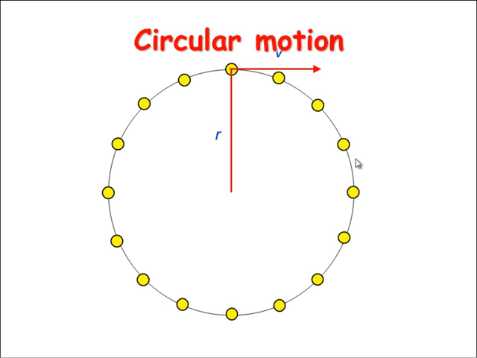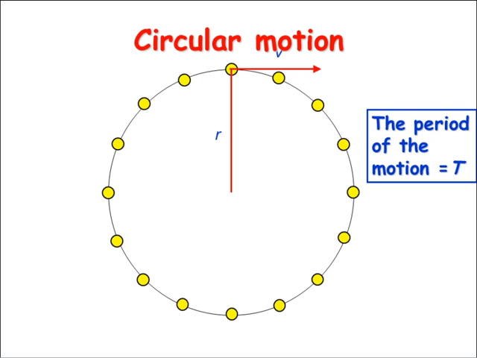So speed will remain the same, but the direction of the velocity is perpendicular to the motion. If that was on a string and we were to cut it, it would continue to move straight. It's that string, or that force pulling on it, that allows it to move in a circle.